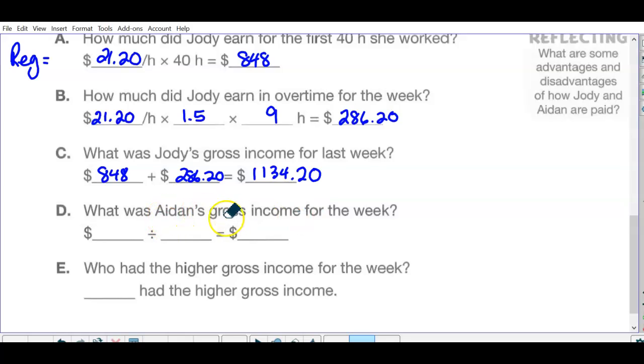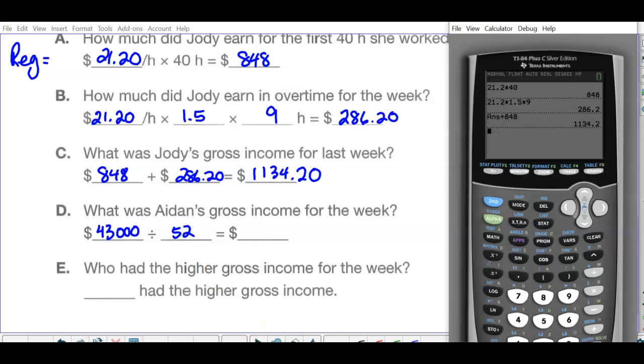In this case, for Aiden's gross income, I'm going to use 52 because it's given as an annual amount and there are 52 weeks in a year. So when I do 43,000 divided by 52, I get $826.92.